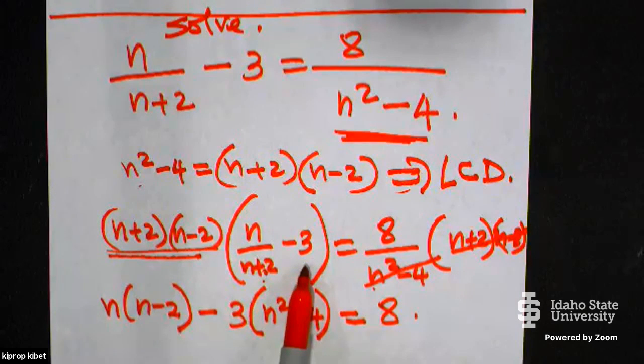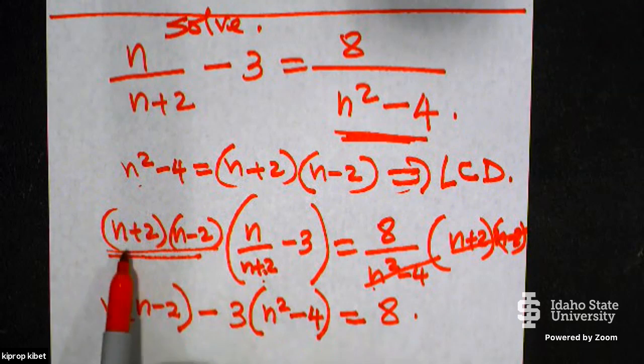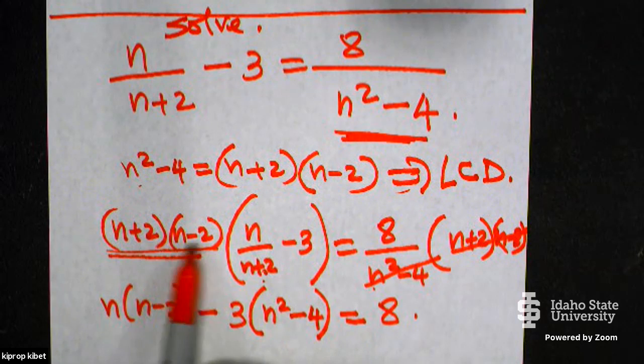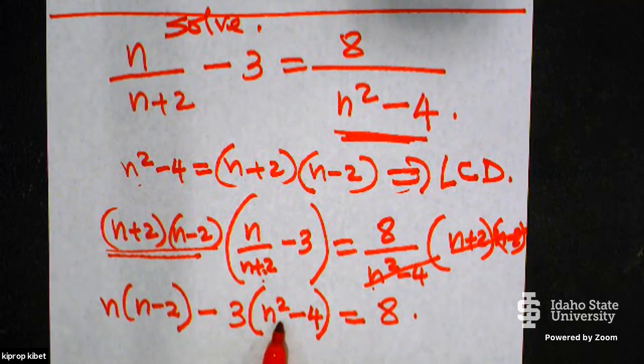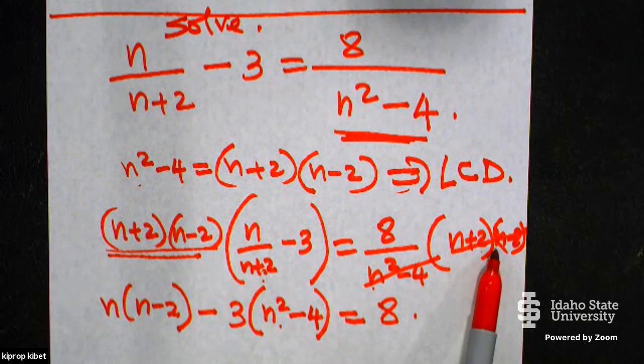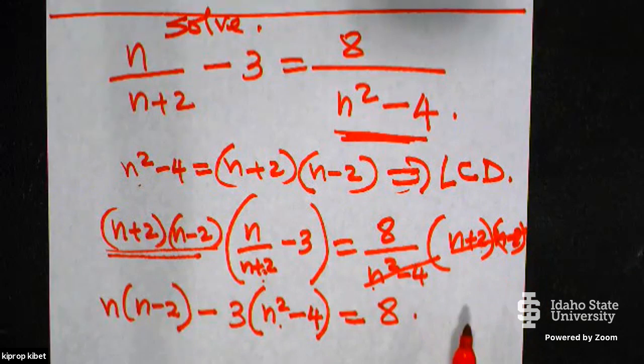We don't have anything in the denominator. We only have 1. So when we multiply, 3 times n plus 2, n minus 2, and we say n plus 2, n minus 2 is the same as n squared minus 4. And then equals to 8 all over n squared minus 4, which is the same as n plus 2, n minus 2. So those will cancel. So you get 8 there.